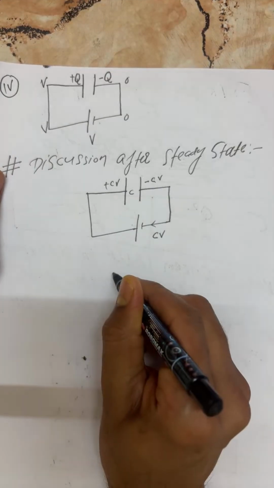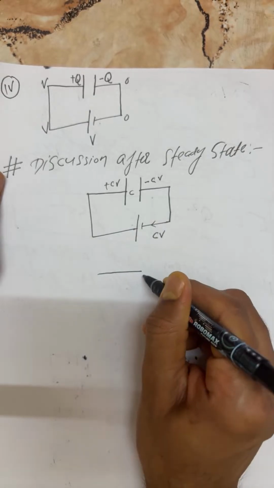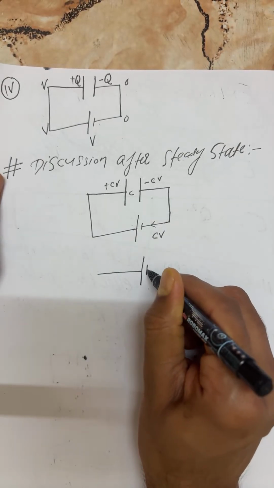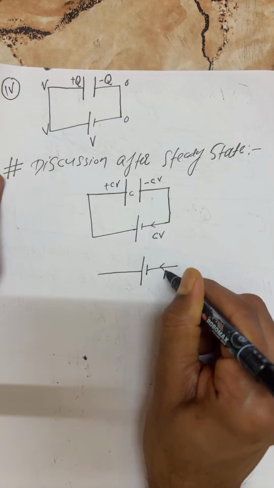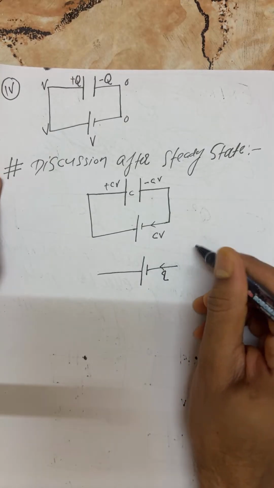But one thing I want to tell you here: if any charge flows through the circuit, what is the potential energy?